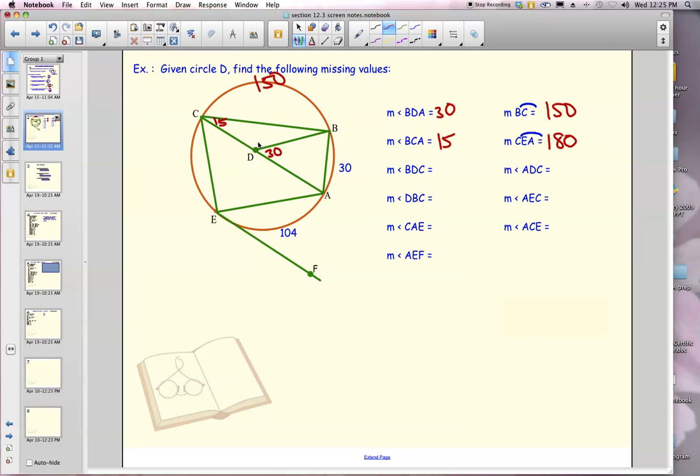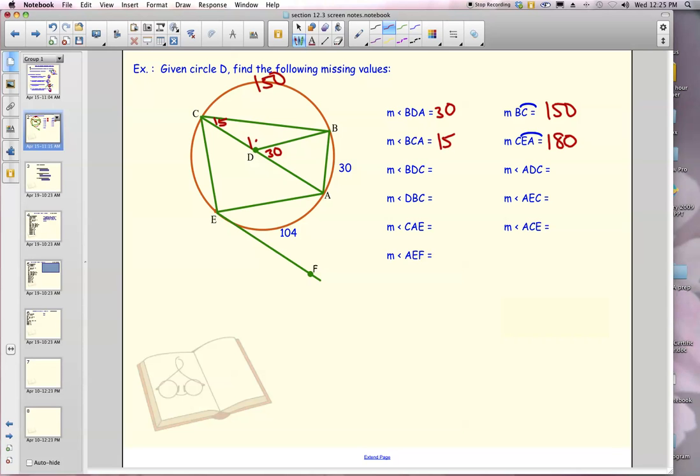BDC, this angle right here, BDC, we can get that a couple of different ways. It would be half of its arc, or excuse me, not half of its arc, it would be equal to its arc because it's a central angle, so it would be 150. Or we can look at it and see that these two angles are supplementary. They form a straight line.